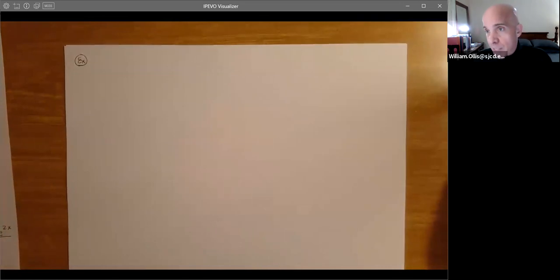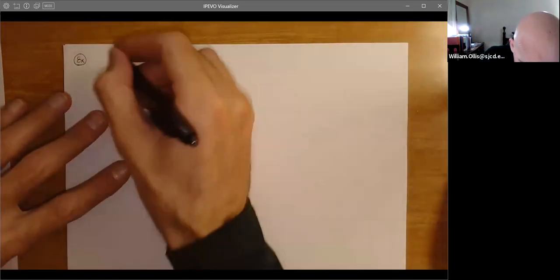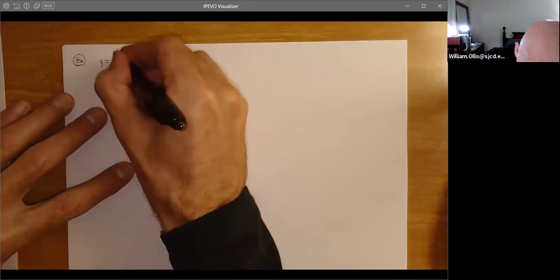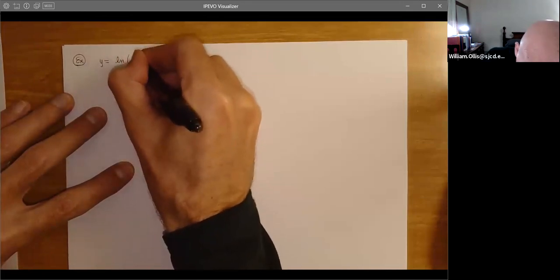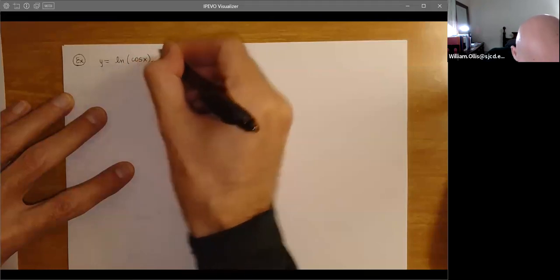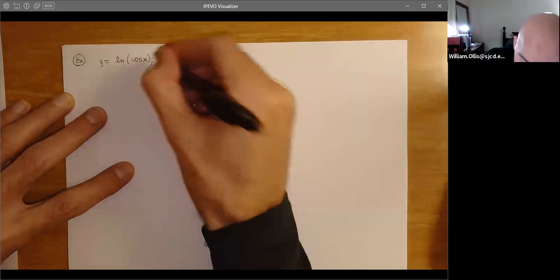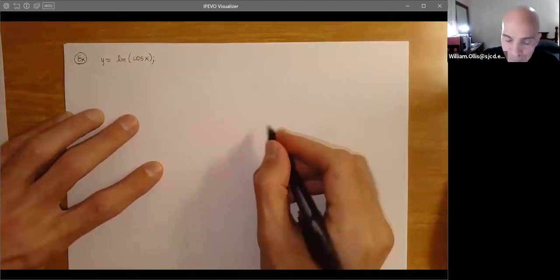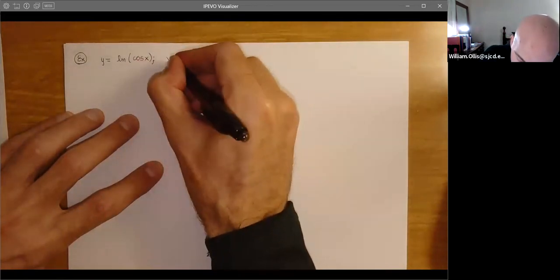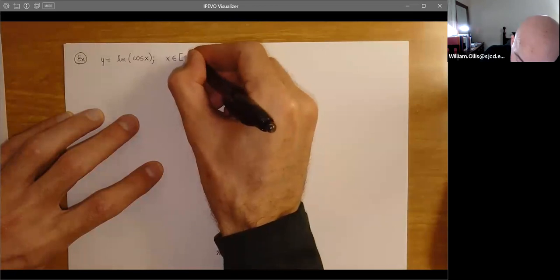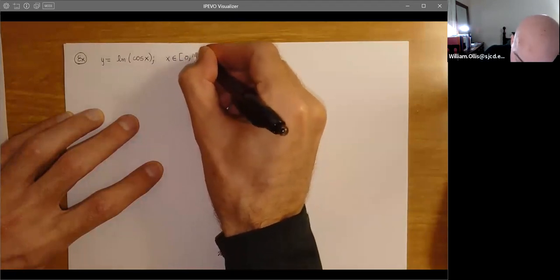We won't just stop and say, okay, I'm going to have to use Simpson's rule. So we're going to have y. Our curve will be the natural log of cosine of x. Now that looks a little bit odd, but it will be a function that we can actually integrate with our arc length formula. We have an interval of integration, which is 0 to pi over 3.